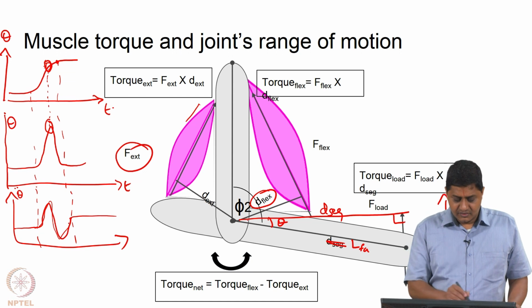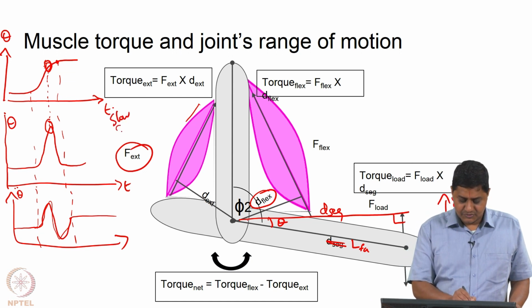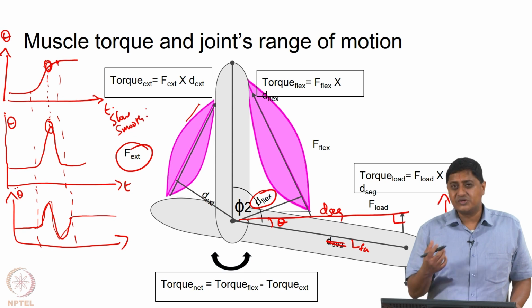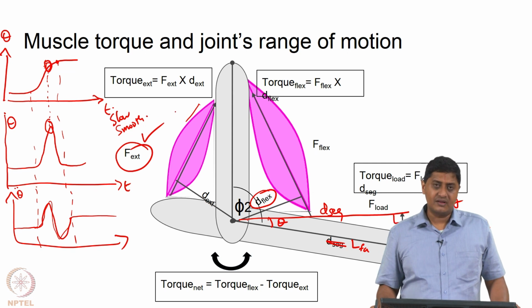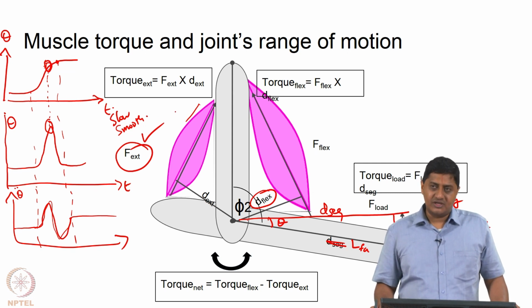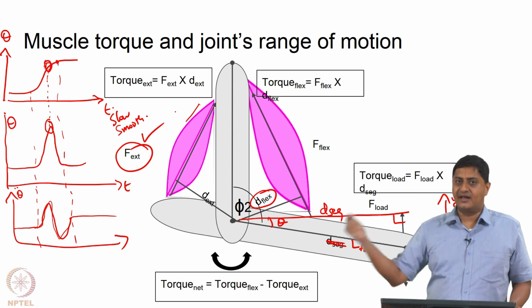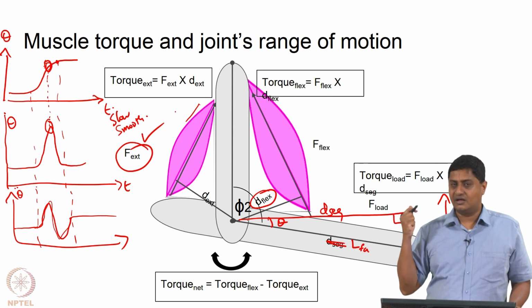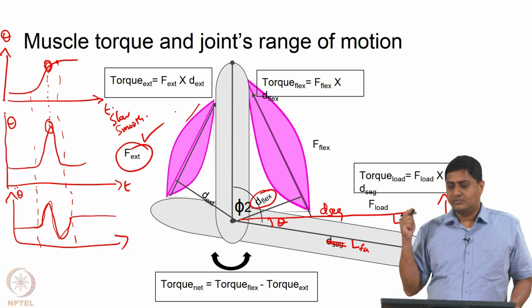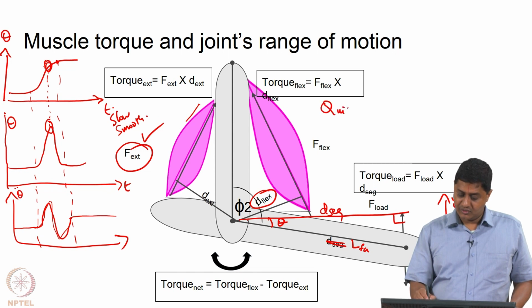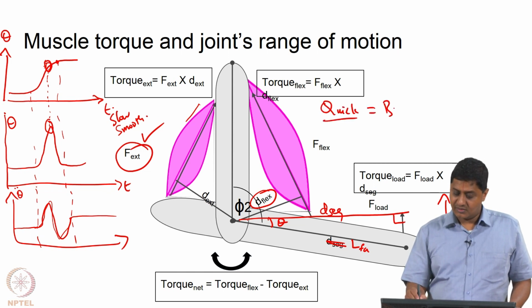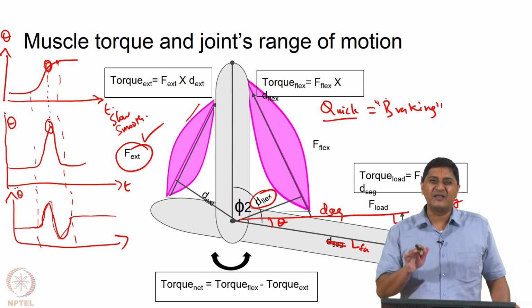This is for slow smooth movements which are usually produced by the action of a single muscle, the extensor muscle. If you want to produce a quick, accurate movement like that, then I am interested in braking, as in driving, where you want to apply the brakes.